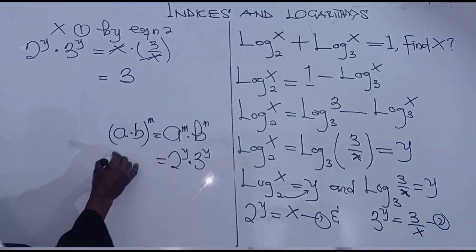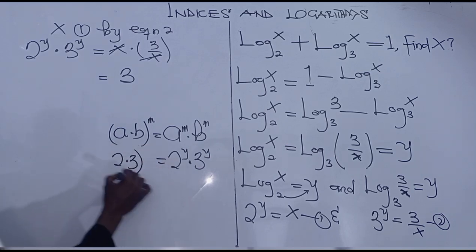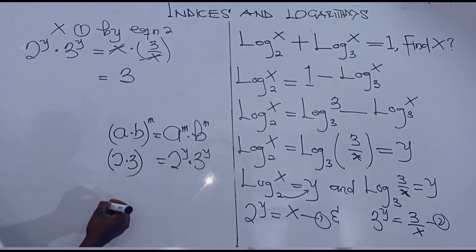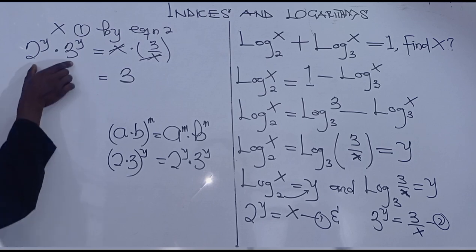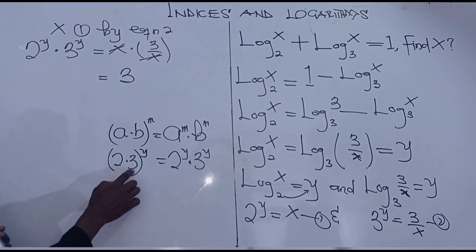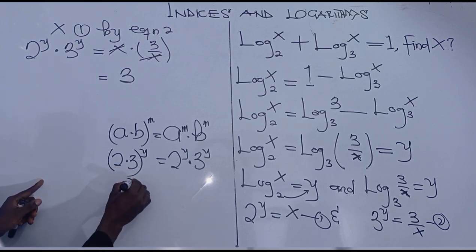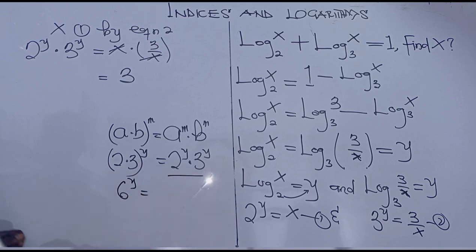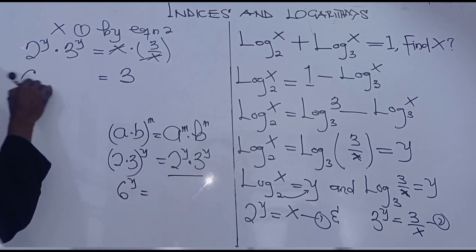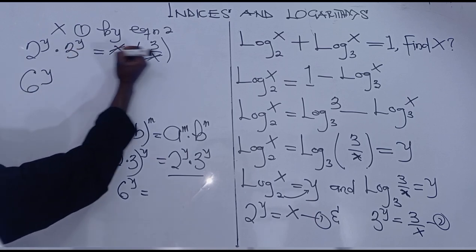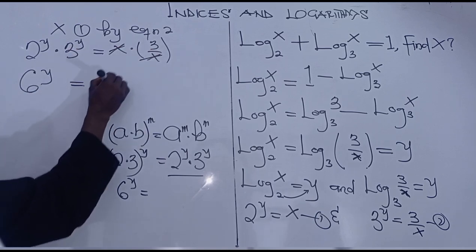We are going to have 2 multiplying 3, and then we pick one of what? The exponents, since the exponents are the same. But we know that 2 times 3 will give us what? 6, and then we have y. So we are going to have 6 raised to the power y, and that is equal to 3.